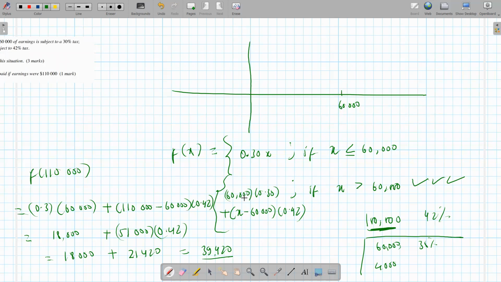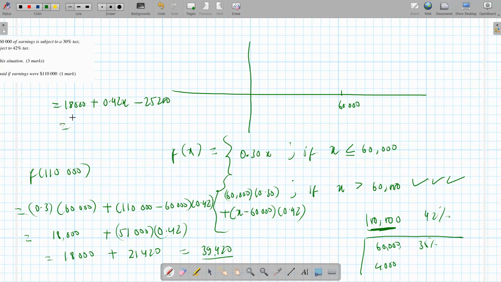Why don't we first simplify this? So 60,000 times 0.3 is 18,000, okay? Plus, and I'm just going to open this bracket, you get 0.42x minus 0.42 times 60,000, which is minus 25,200.